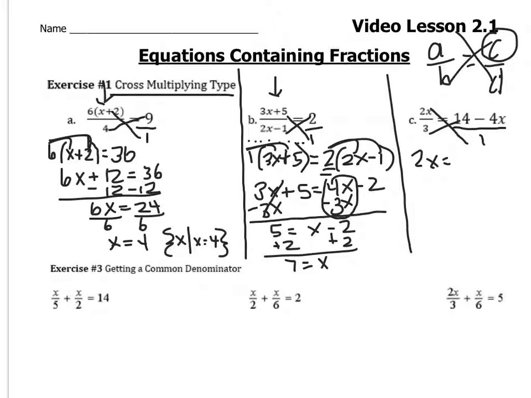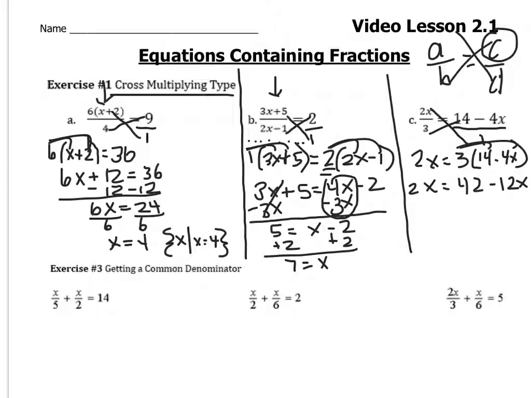And then we're going to do 3 times (14 - 4x). When we distribute to get rid of the parentheses, 3 times 14 is 42. 3 times negative 4x is negative 12x.